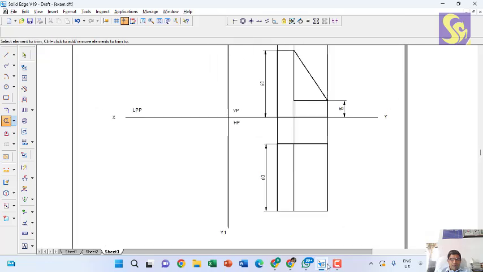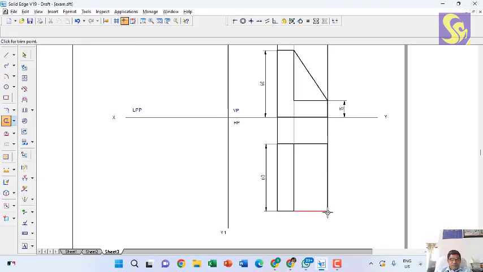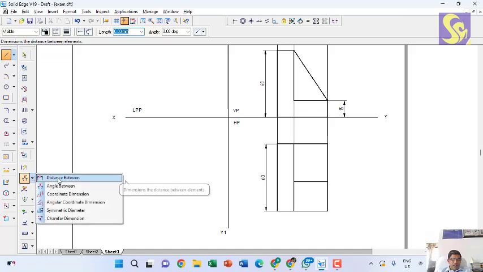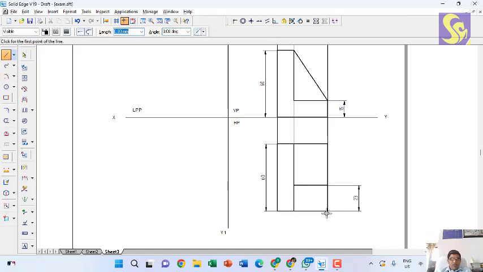Okay, now I'll have to have this 23 and 23 to be marked. So from this end I'll mark a line. So this distance I have to keep. Distance between this line and this line is to be 23, and draw one more line.